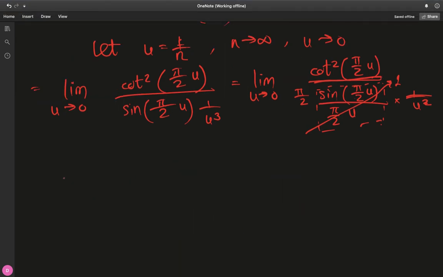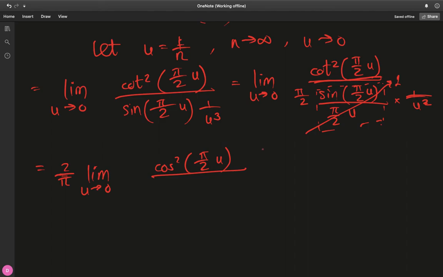So this just simplifies to the limit as u goes to 0. I can write the cotangent squared in terms of cosine squared of pi over 2u divided by, we have a pi over 2, the 2 will go on top giving us 2 over pi basically.